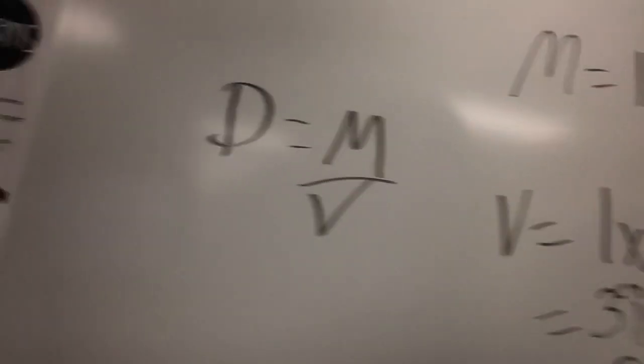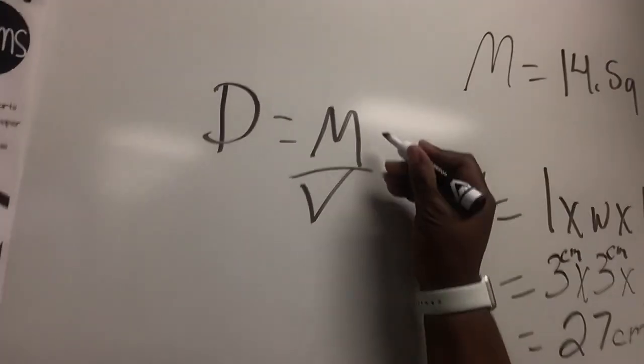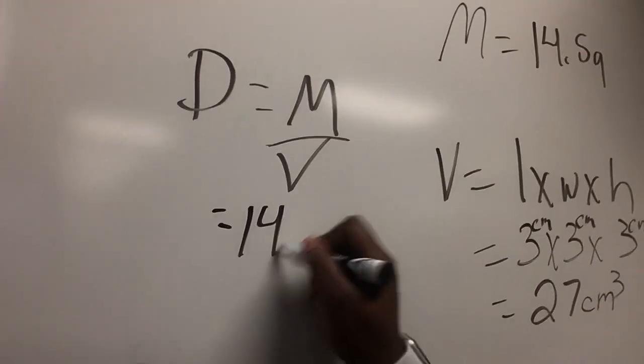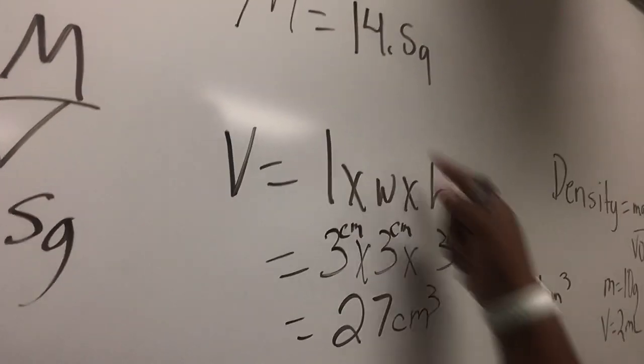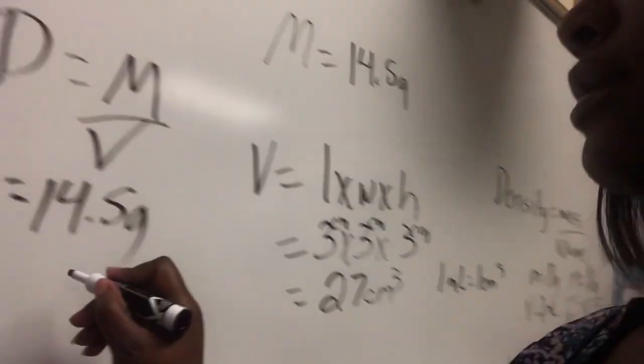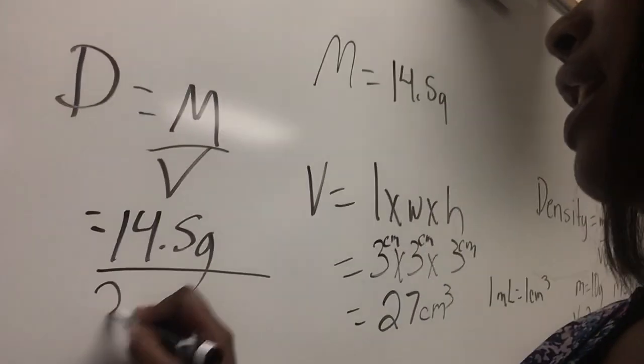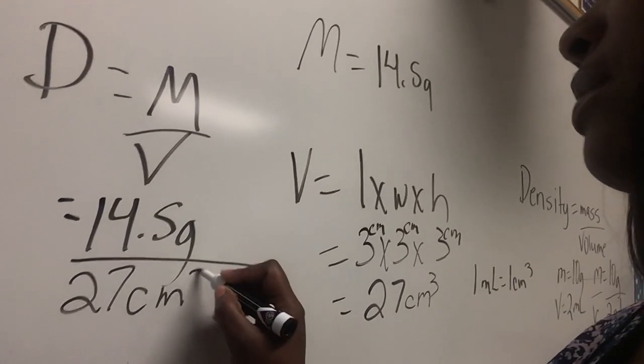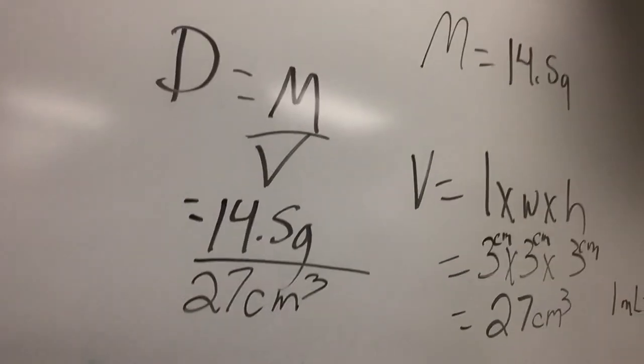So we're going to come back, and mass, remember, was 14.5 grams. And when we did our volume of regular shape, remember, it was 27. So I'm going to divide that by 27 cubic centimeters. All right? So now, we are going to put in those numbers.